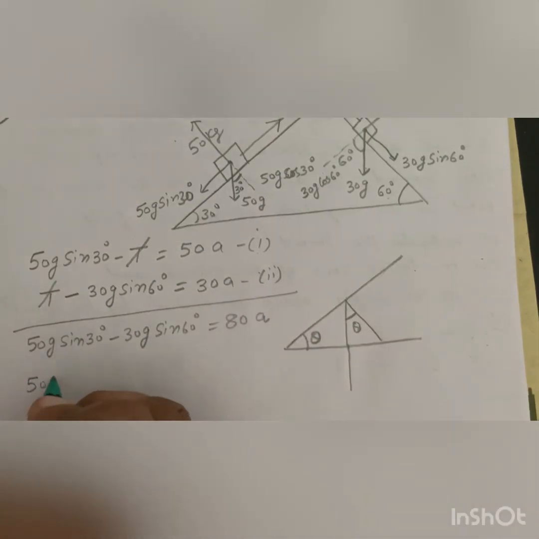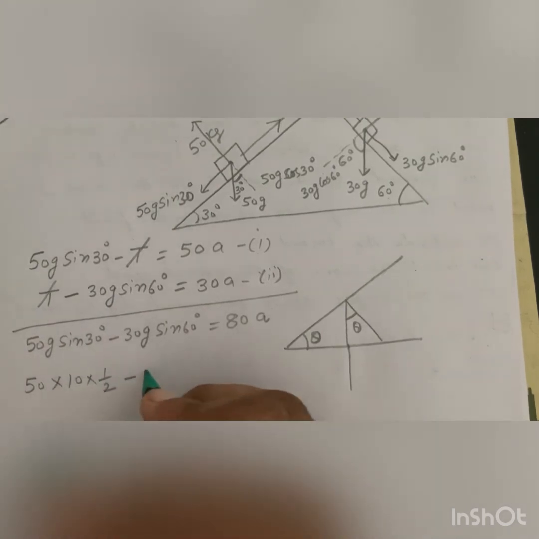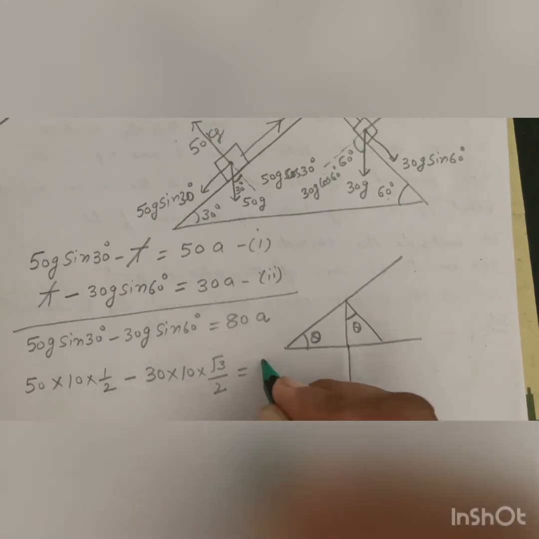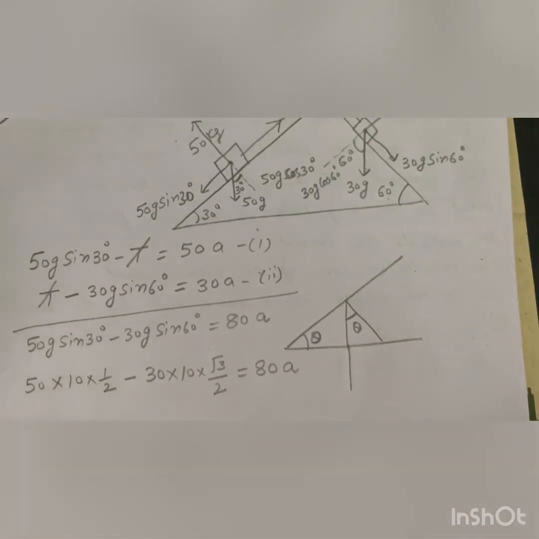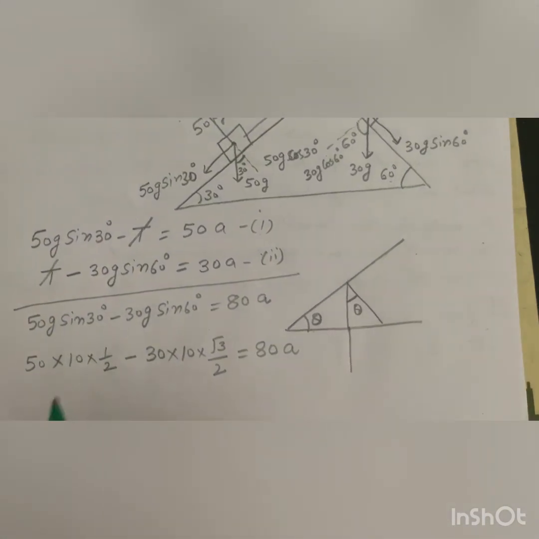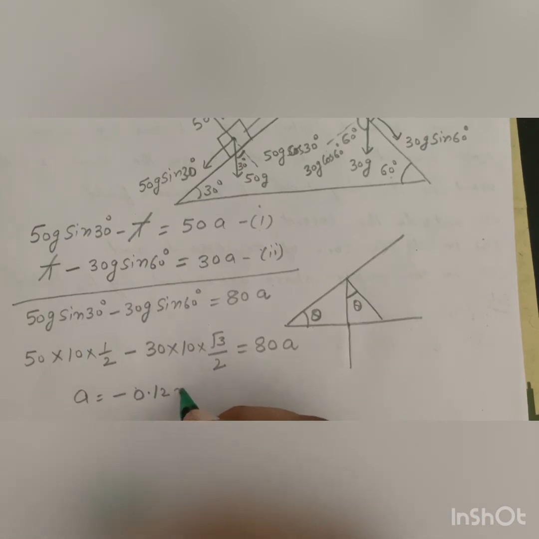Now we know that the value of gravity is given, that is 10, sine 30 degree is 1 by 2, minus 30 G, 10, sine 60 degree is root 3 by 2, equal to 80 A. On solving we get the value of acceleration A equal to minus 0.12 meter per second square.